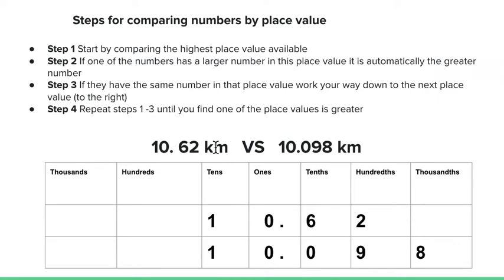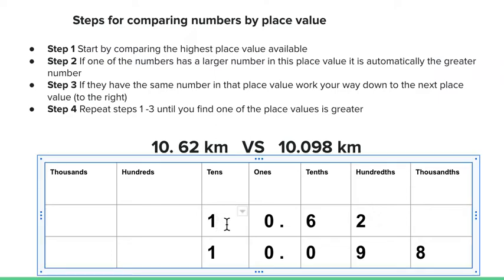If they both have the same amount, step 2 tells us that if one of these two amounts was greater, the one with the greater number in the largest place value column is larger. So, for example, if this top number had a 2 instead of a 1, that would automatically make it the larger number.